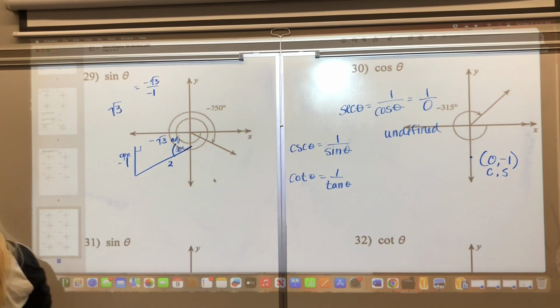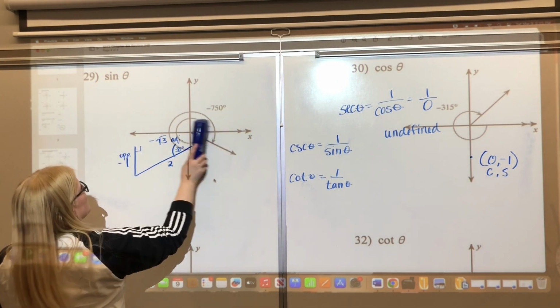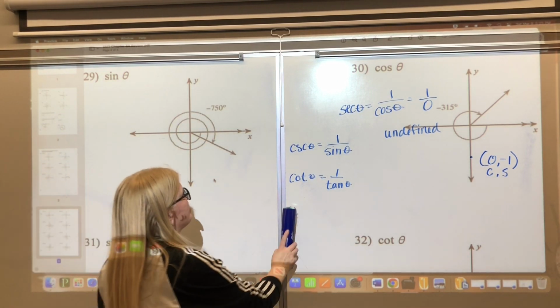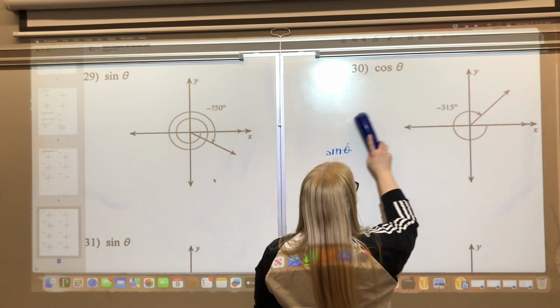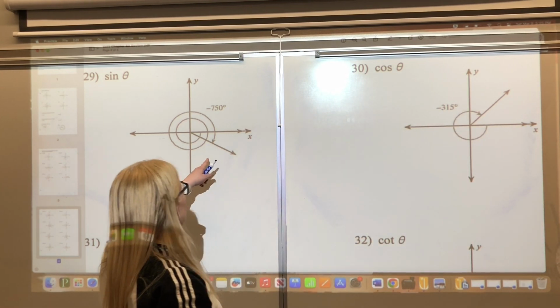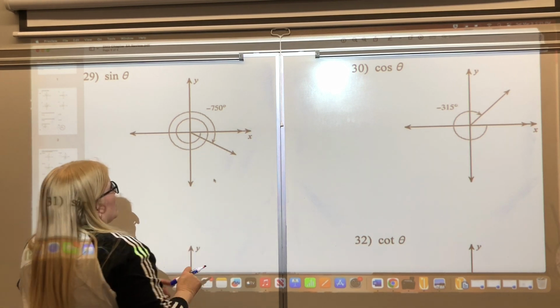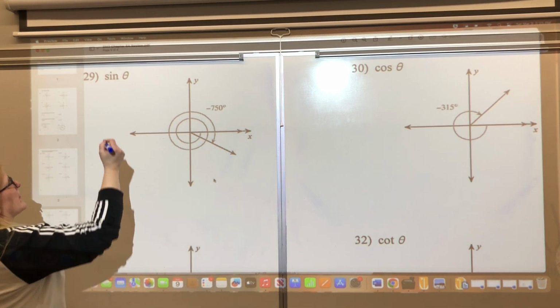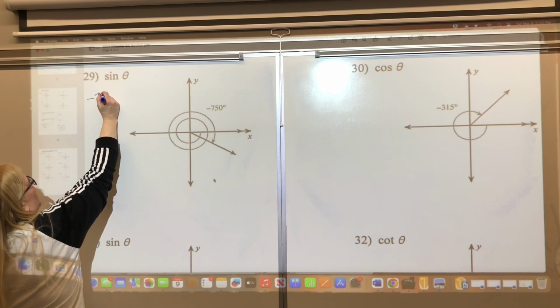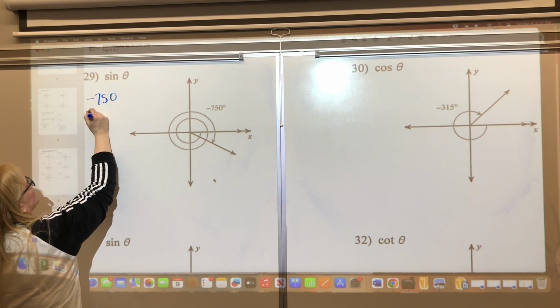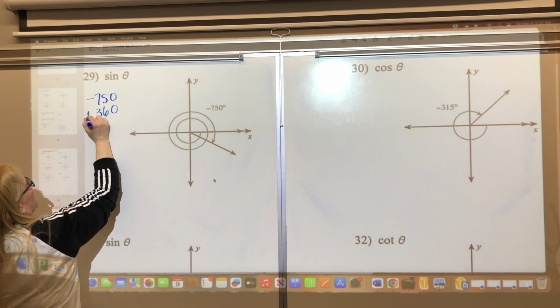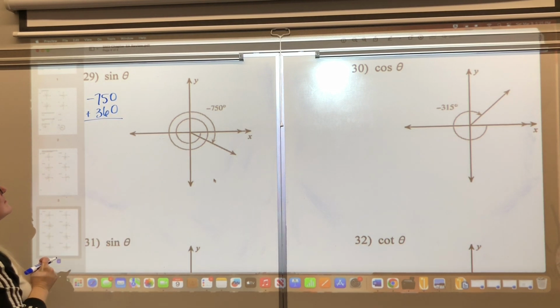Negative 750 degrees. Now, I could probably base my answer on the picture. That looks like it's going to be 30 degrees right there. But that, I don't know, that makes me a little bit nervous. So I'm actually going to add 360 to this.